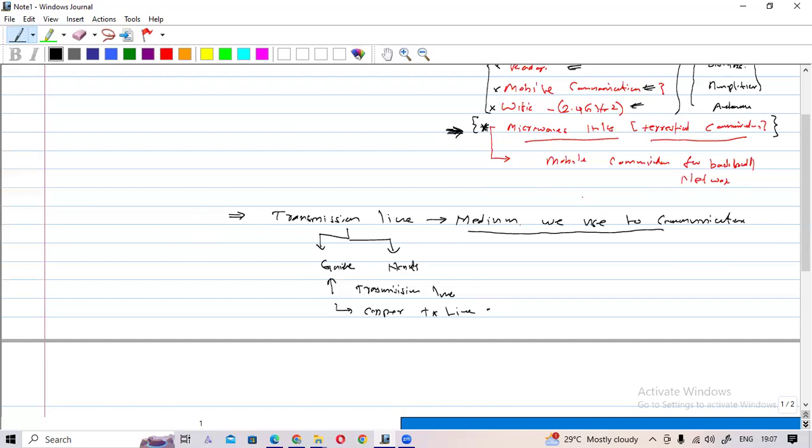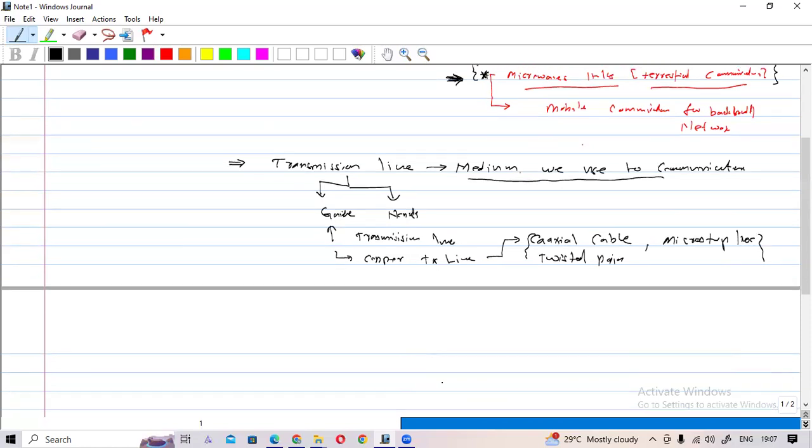For example, maybe you know coaxial cable, twisted pair, then microstrip line. These are very popular copper transmission lines, copper media to transmit the signal.